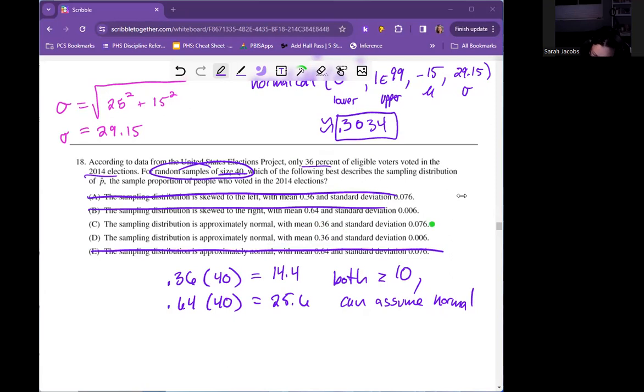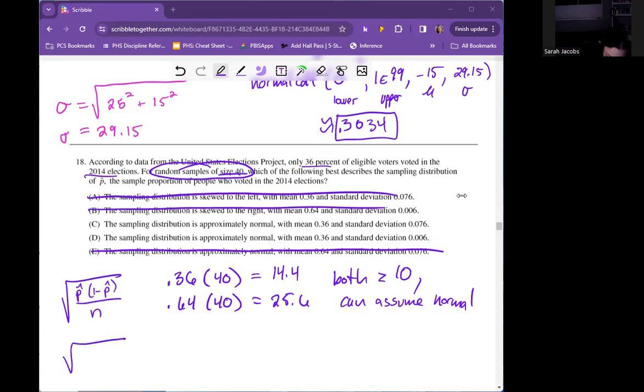Okay, and then the only difference here is between the 0.076 and the 0.006. To find that standard deviation, we would need to do our standard error. And this is on your formula sheet. So we're going to take the square root of p hat times 1 minus p hat, all over n.